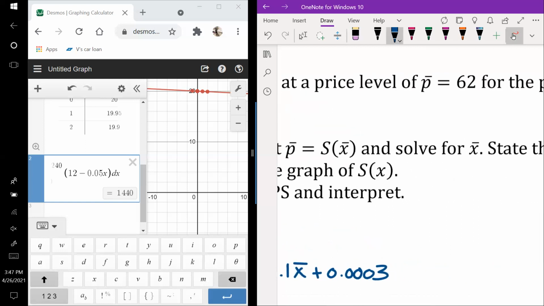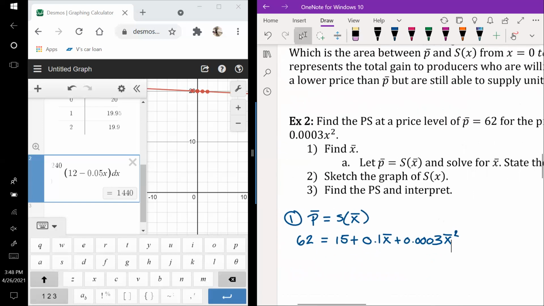I hate this notation right here. It looks like X to the -2, right? Okay. So we set those equal to each other.